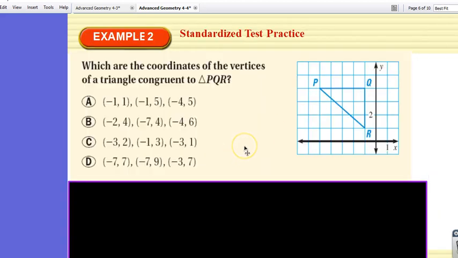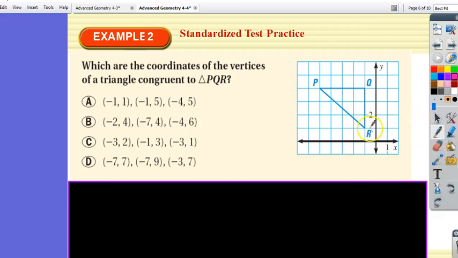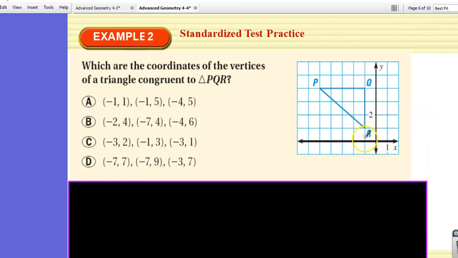Which of the coordinates of the vertices of the triangle are congruent to this triangle? So which of these are congruent to this? Well, let's look. Our original was 1, 2, 3, and 1, 2, 3, 4.